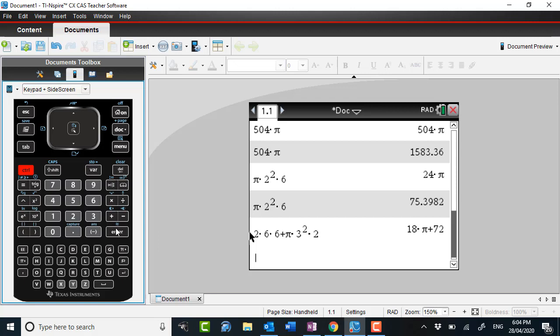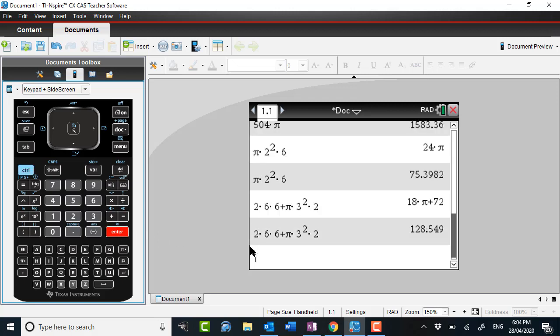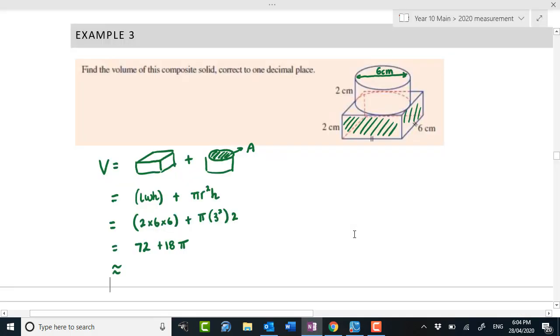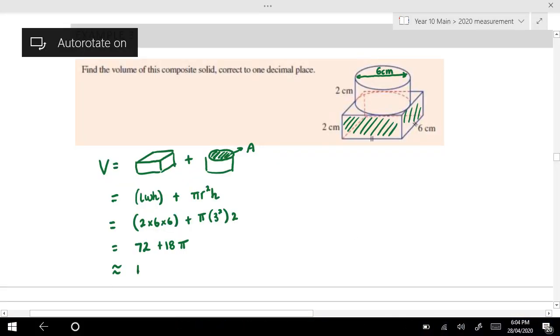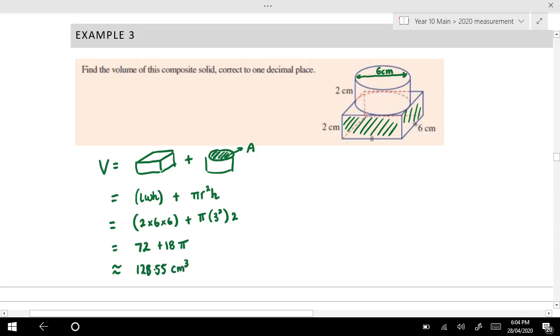So we press Enter. That's going to tell us 128.55 to 2 decimal places, and that is going to be in centimetres cubed.